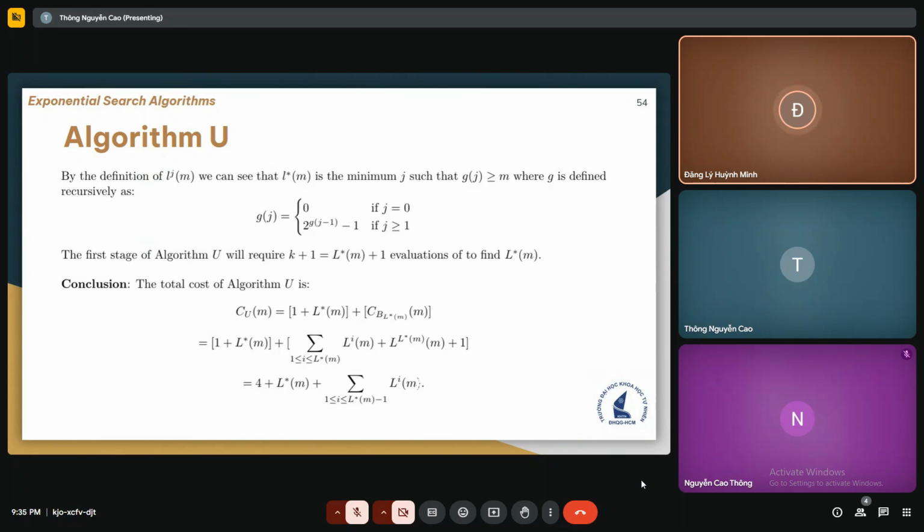And by the definition of the function Lj(m), we can see that L star of m is the minimum j such that Gj is greater or equal than m, where G is defined recursively as follows. And the total cost of algorithm U is written as the following equation.